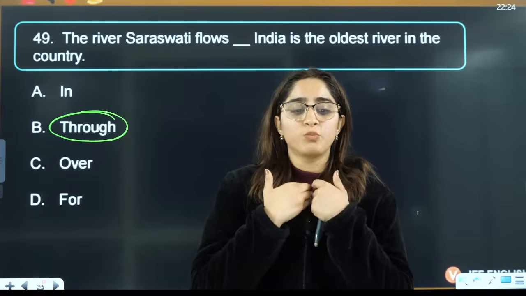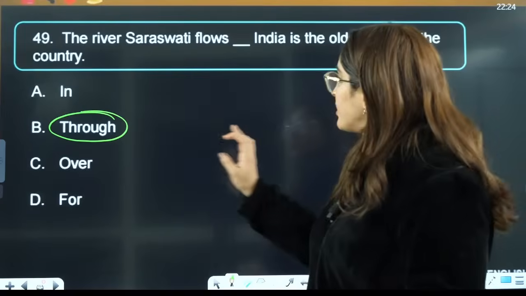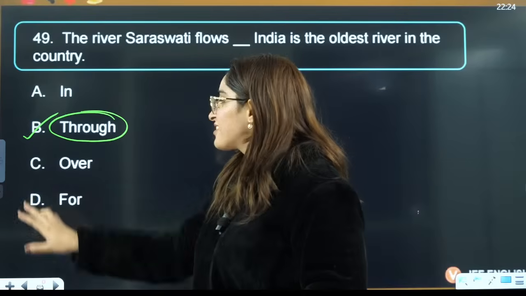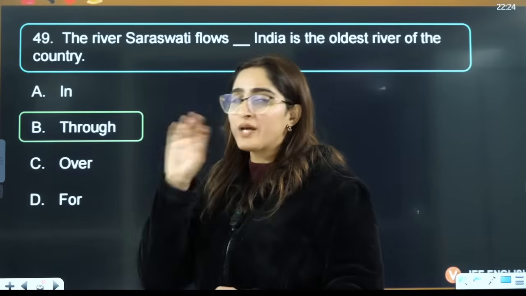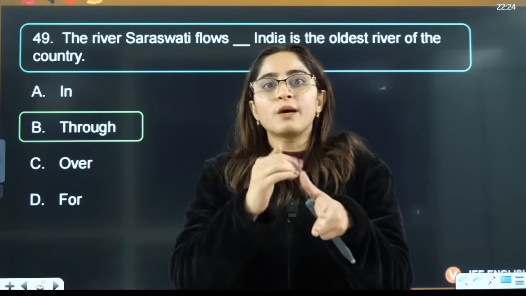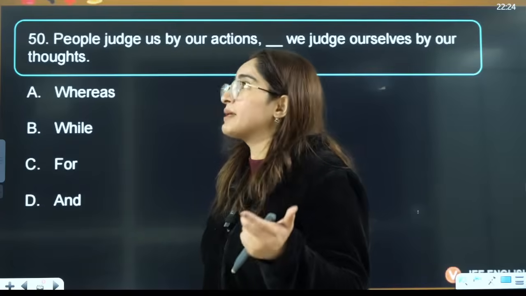But this river is going out of India also. That is why it is "through India." There is a historic reason behind this, and you must know it. "Through" is because it is going through. When you pass through something, you end up in something else, so it is ending up in the Arabian Sea.